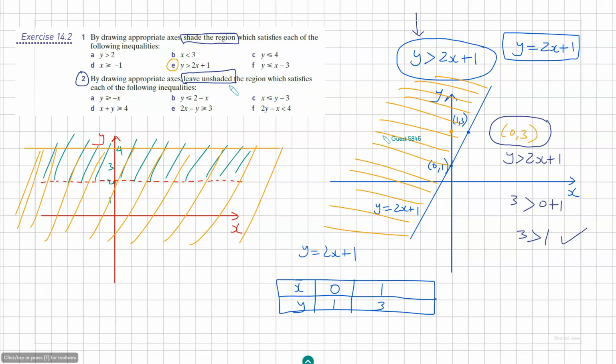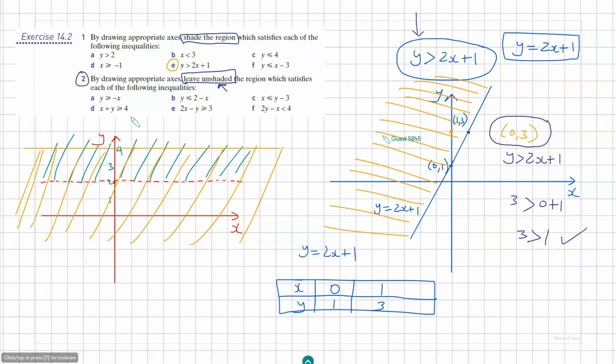Understood? You should pay attention to the words in the question and shade the correct region. If it says leave unshaded, then you should shade the other region.